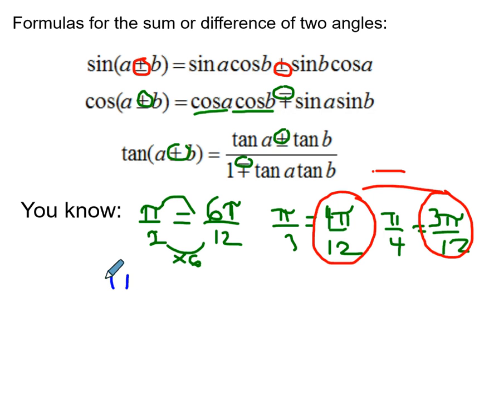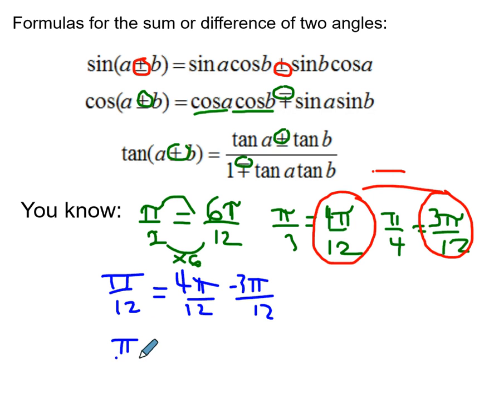So pi over 12 is equal to 4 pi over 12 minus 3 pi over 12, and that equals our pi over 12. If you simplify these two, pi over 12 is equal to pi over 3 minus pi over 4.